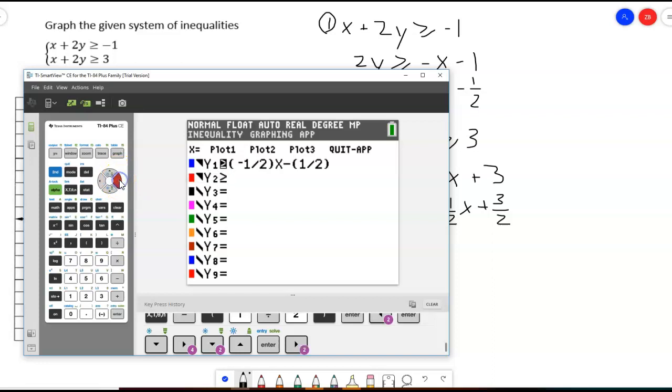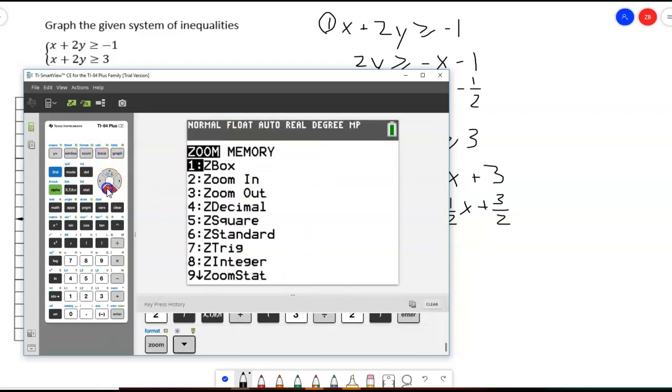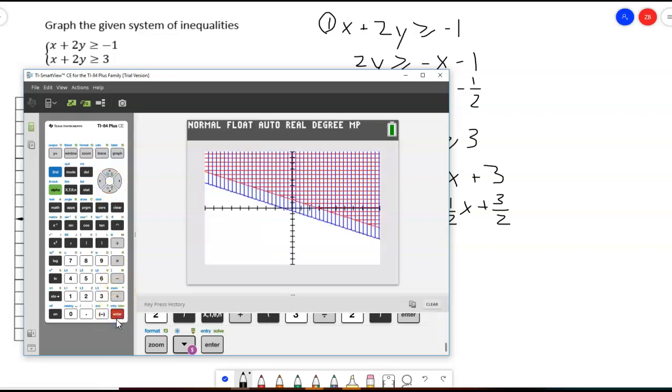And this one is going to be, with the parentheses, -1/2 times x plus 3 over 2. Alright, hit enter. So now it has both of these in my graph. Let's go ahead and do a zoom standard, see what this is going to look like.